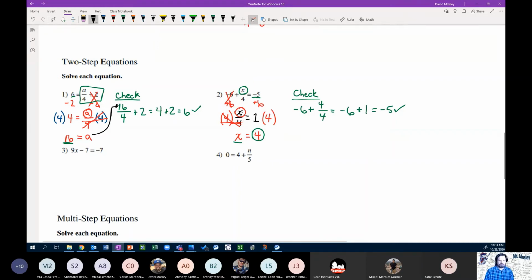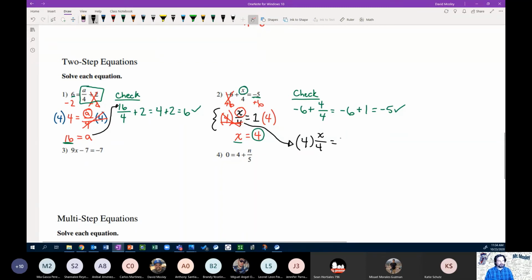I'll repeat the check. Give me just a second. So when we do this step here, and I multiply by 4, I'm going to bring this out here so we can look at it. We have 4 times x over 4.